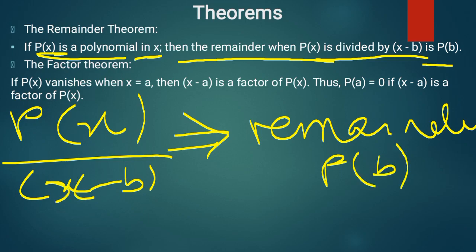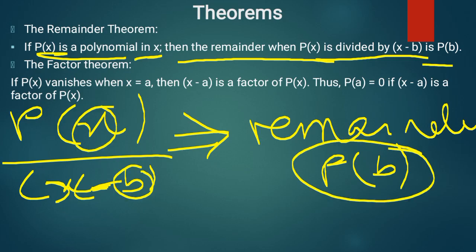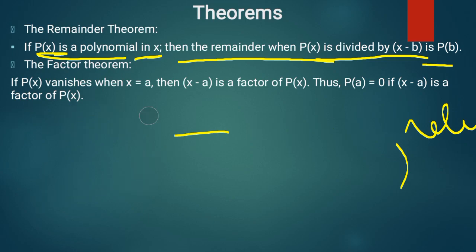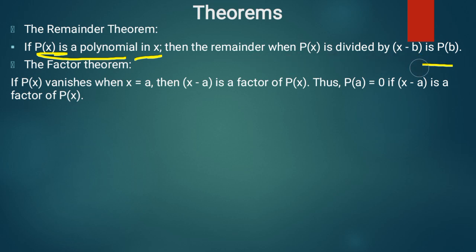Note, it is x minus b dividing the polynomial p(x). Basically, plug in the value b for x. Okay, so that's what we call the remainder theorem. That tells you what the remainder is when you divide by x minus b. That must be p(b).